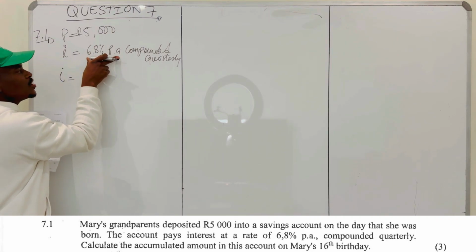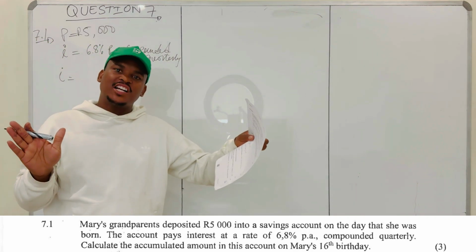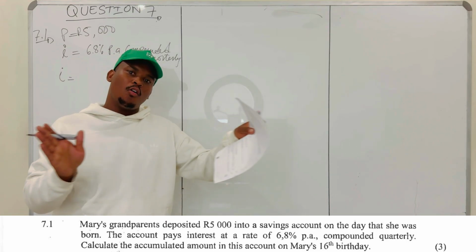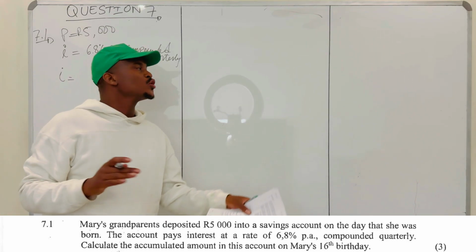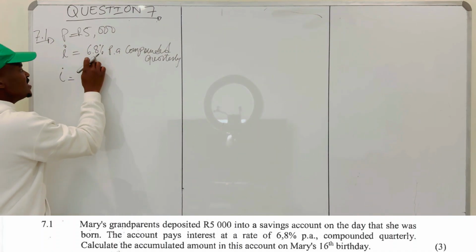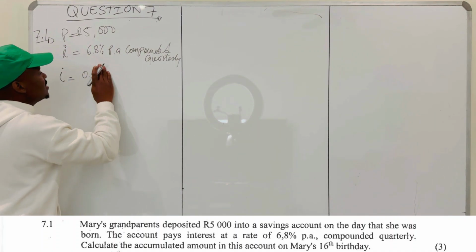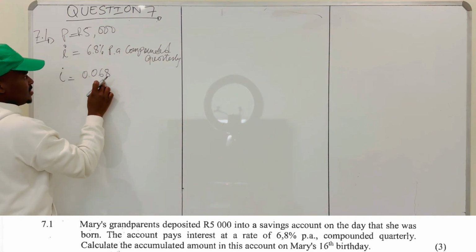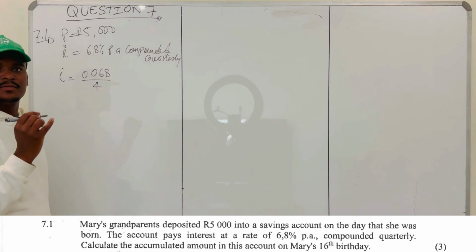But that 6.8% a year is divided over quarters of a year, because in a year there are 4 quarters, so it is divided over 4 times for the course of the year, right? So this interest rate is 0.068. This is a percentage, divided over four quarters.